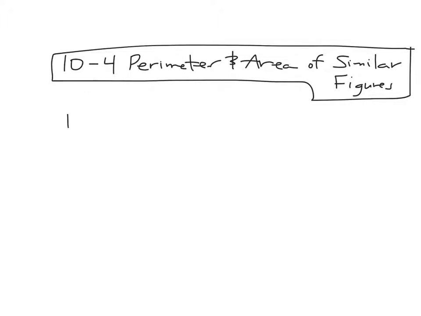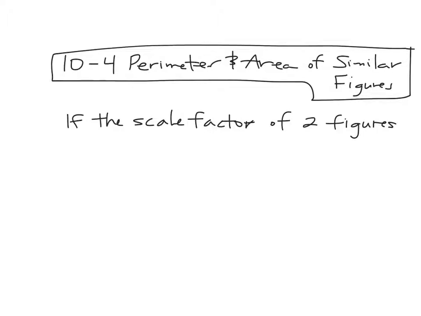So this first one, we're going to say this. If the scale factor of two figures is A over B, then what happens is you come up with a perimeter ratio and an area ratio.